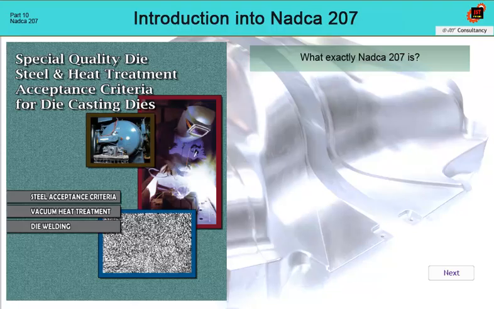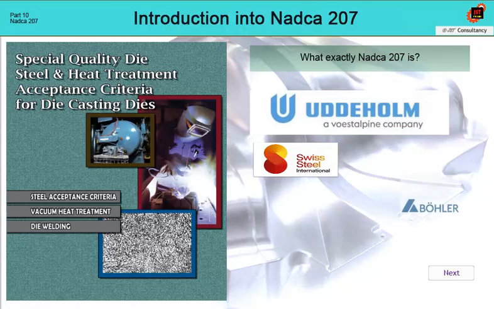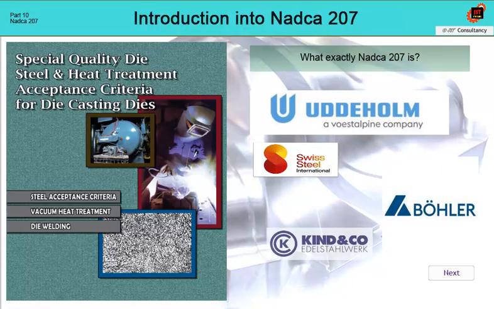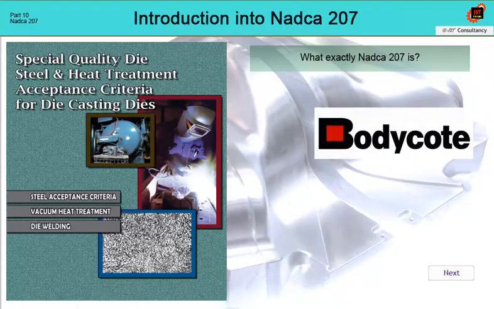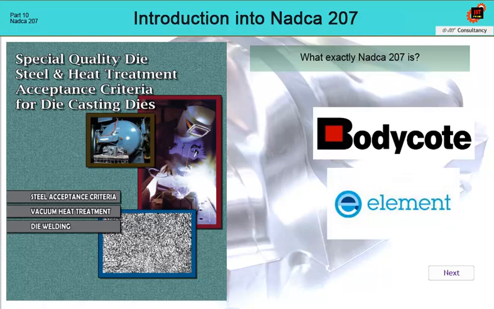Not only the world's leading steel suppliers, such as Swiss Steel International, Uddeholm, Bohler, Kind & Company, Dido Steel, but also experts in heat treatment, for example, Bodycote North America, or material testing, especially Element Materials Technology, participated in its creation.